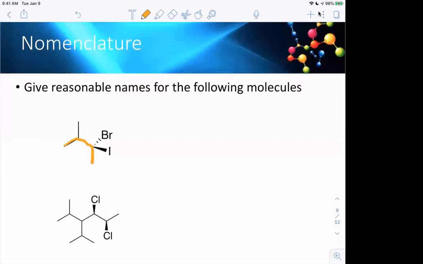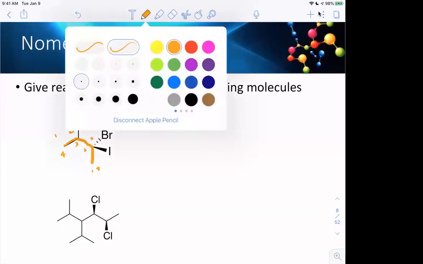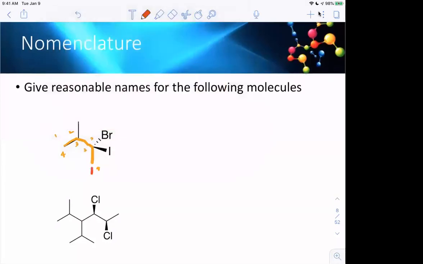Now, I could do 1, 2, 3, 4, or I could do 1, 2, 3, 4. What I want to do is 1, 2, 3, 4. And why is that? Because that iodo in the bromo is a higher priority than a methyl. So that is going to want to have the lowest number.